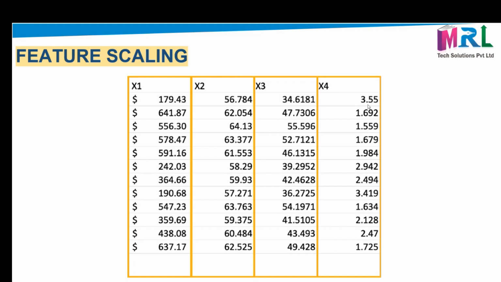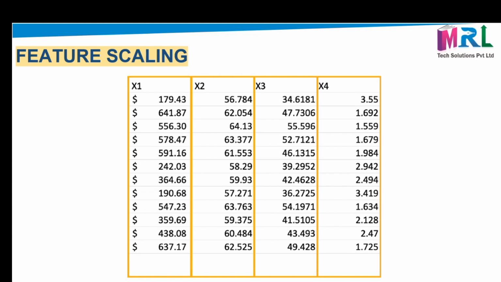In our case also, we have two things: age and salary. Obviously, the age will be in the tens, below 100 only. But the salary goes from thousands up to lakhs. So the range of these two features is different, and in those cases we have to scale the values.